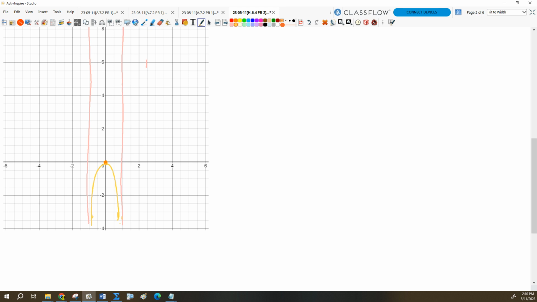Goes up. Yeah, it could do this. What's another possibility? Yeah, it could be doing that. Good. It could be doing this. It could be sticking to that asymptote, coming down, going through that point, and then sticking to that asymptote. Or the other possibility would be if I flip that around and it did that.